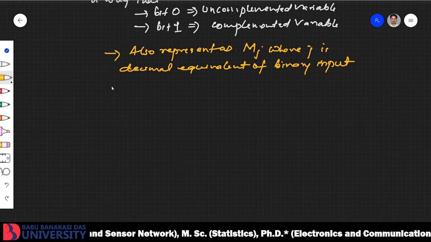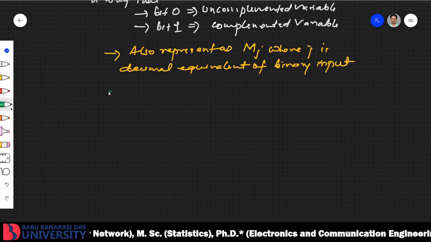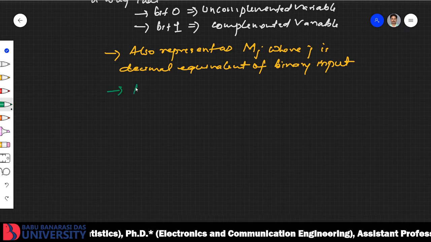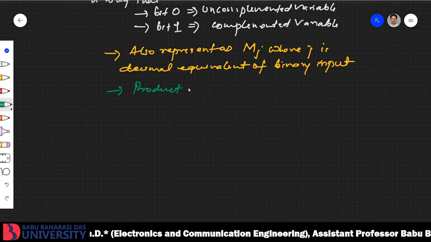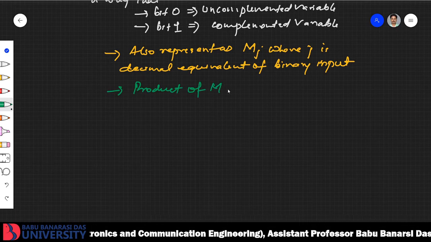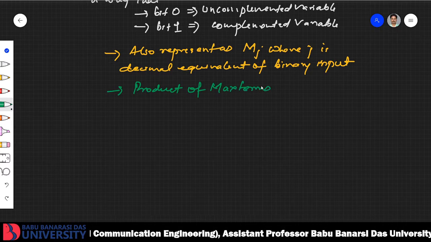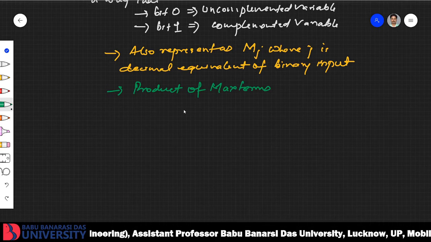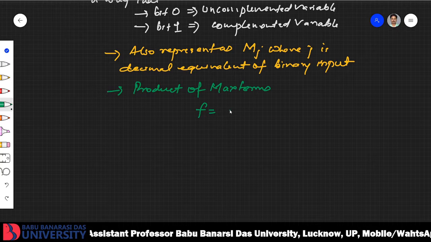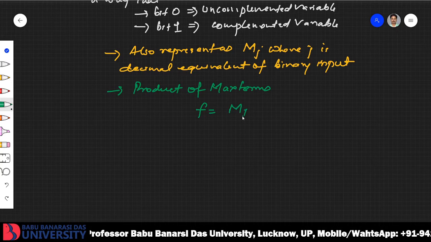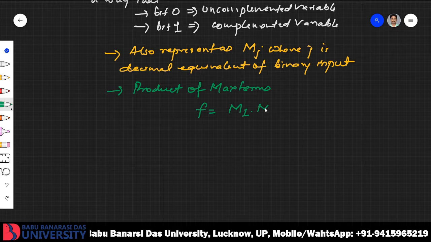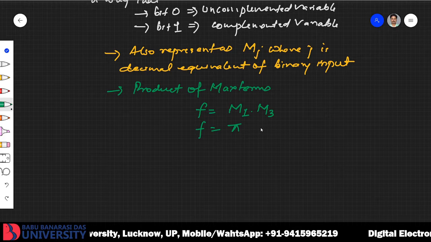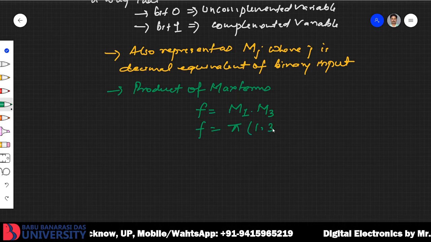And this expression can also be called the product of max terms. Also represented as f is equal to capital M1 and M3, or f is equal to pi 1 comma 3.